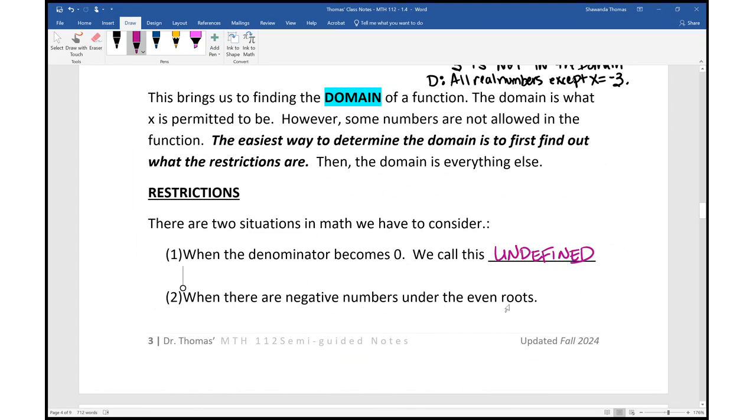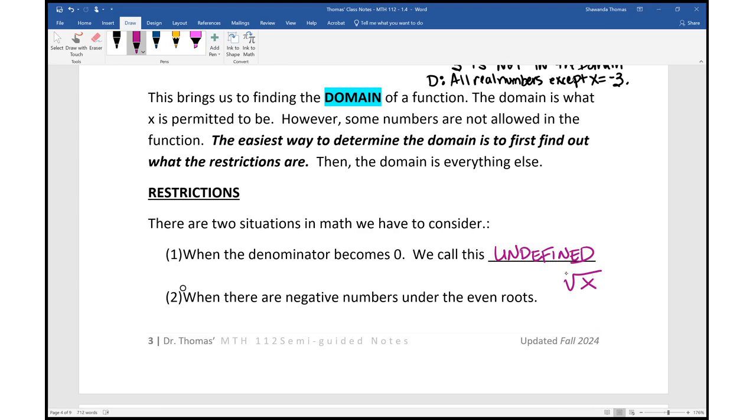Also, when there are negative numbers under even roots. By even roots, I mean square roots, for example. We do not like negative numbers under that. We're not in the imaginary number system just yet. We're still in the real number system. So we only want numbers under that radical to be greater than or equal to 0 at this point. So no negative numbers.